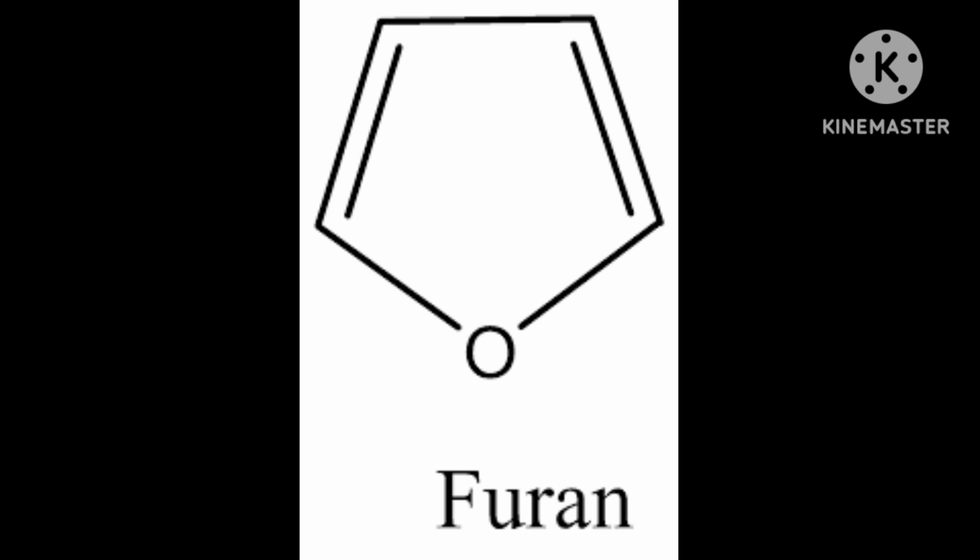Means 1 and 6 are out of the ring, CH2OH is out of the ring. Correct? Then here again, in the same way, you can tell there are two forms, alpha and beta.